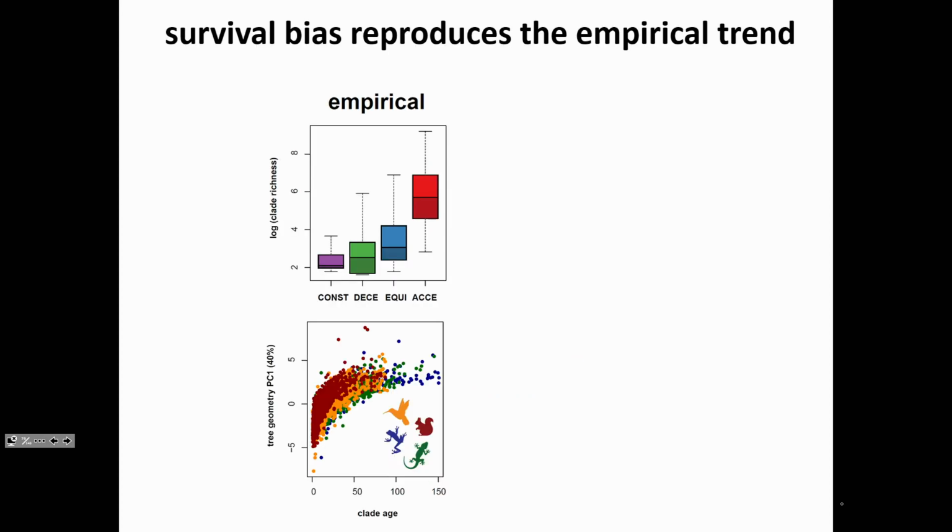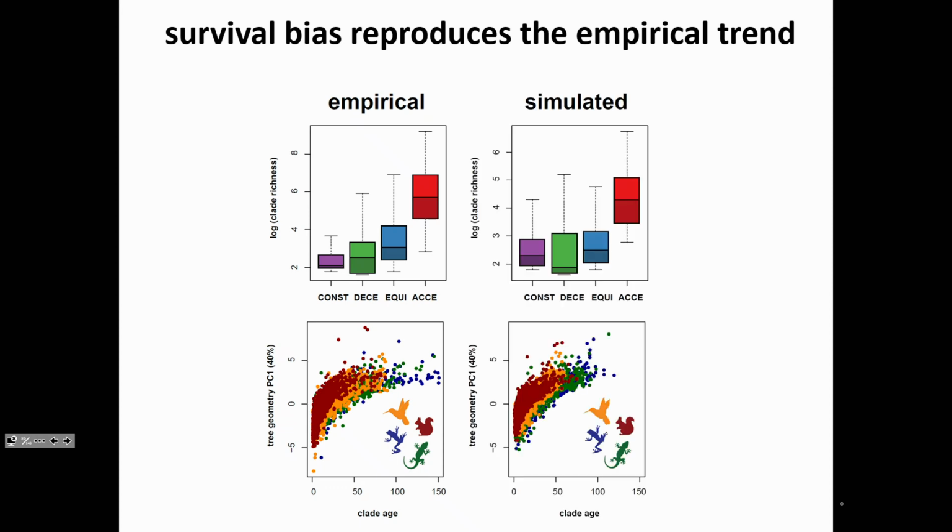But basically, here we have the empirical results that you have already seen, acceleration, slowdowns, equilibrium, and so forth, and the geometry of the phylogeny. These are the empirical results for vertebrates, and these are the results of the simulations with the survival bias. And you see that the survival bias itself remarkably reproduces what we see in the empirical data, right?